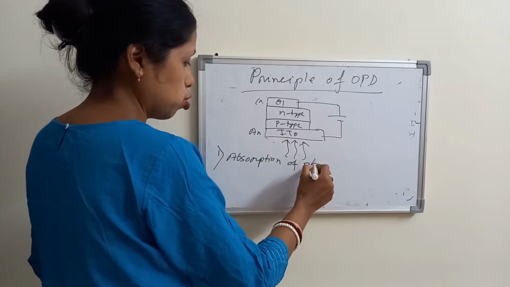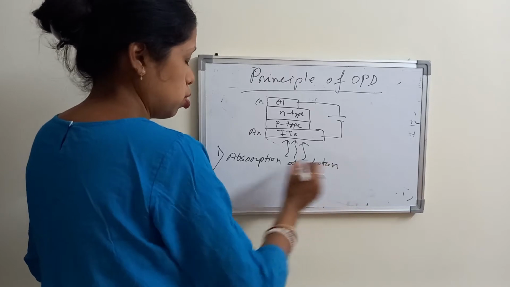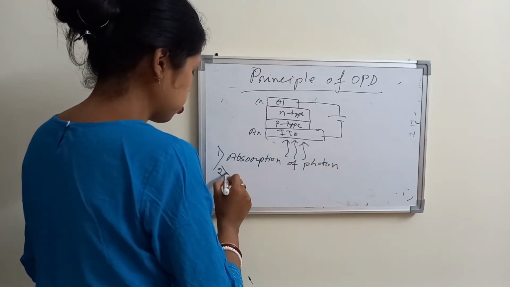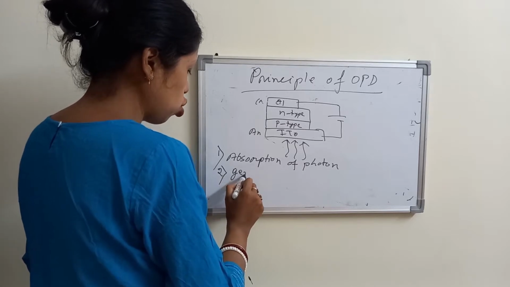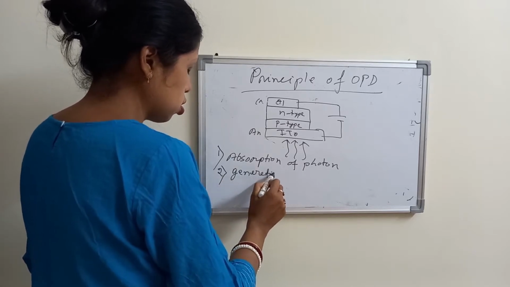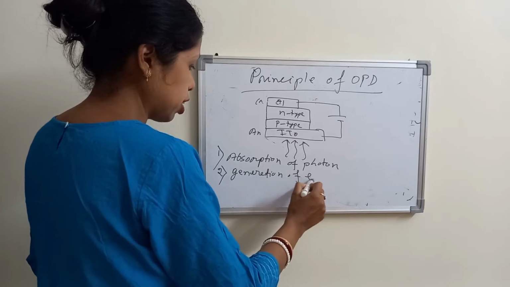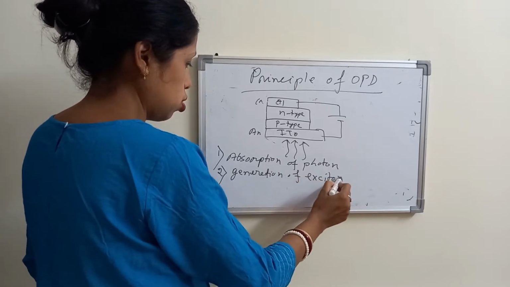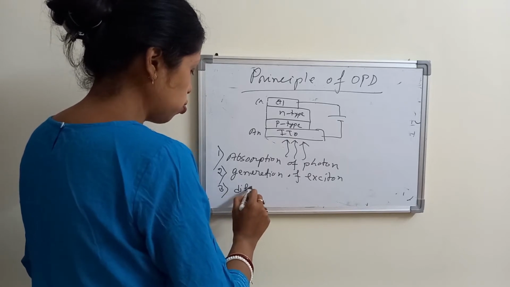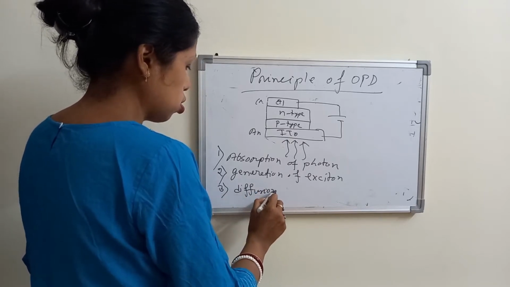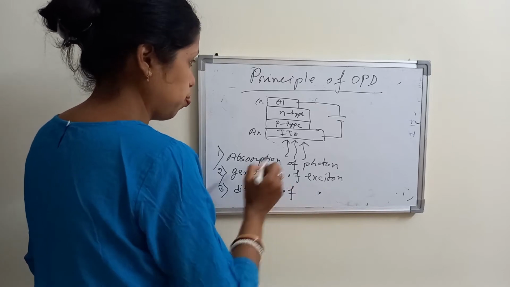of photon. Second is the generation of exciton. Third is the diffusion of exciton.